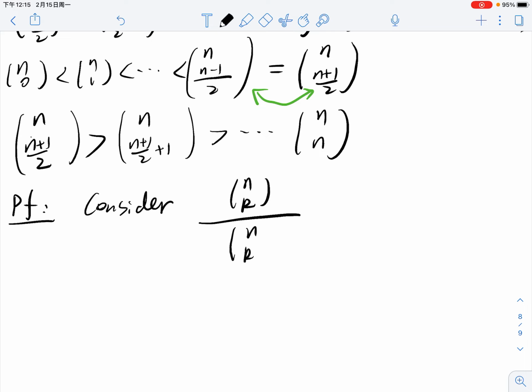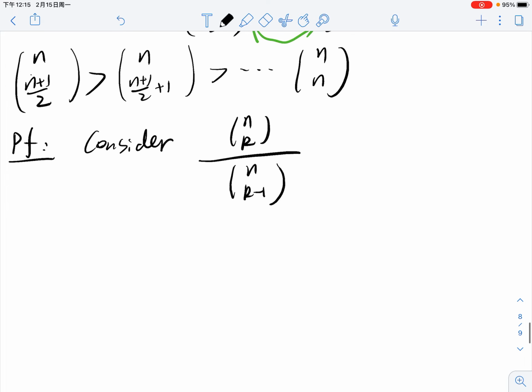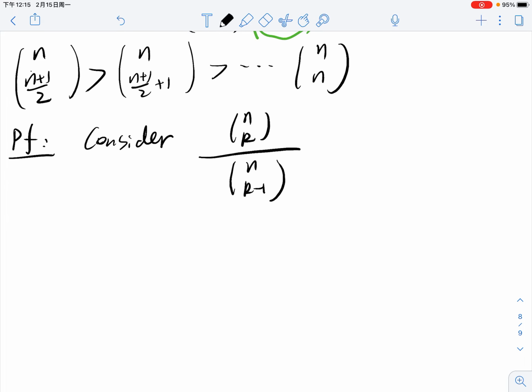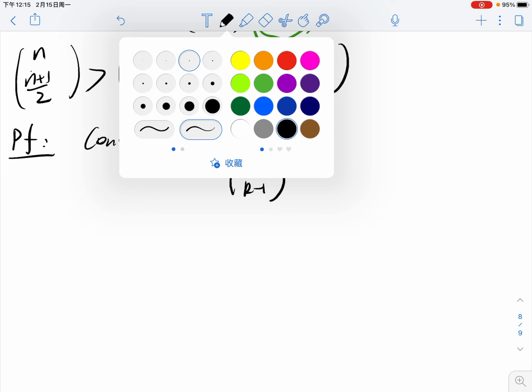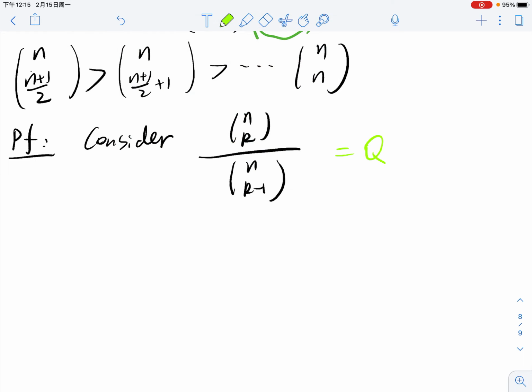So we consider the quotient of adjacent binomial coefficients, and let's call it Q, for instance.